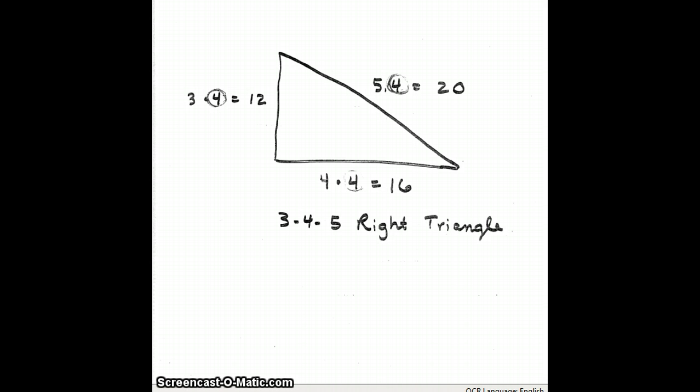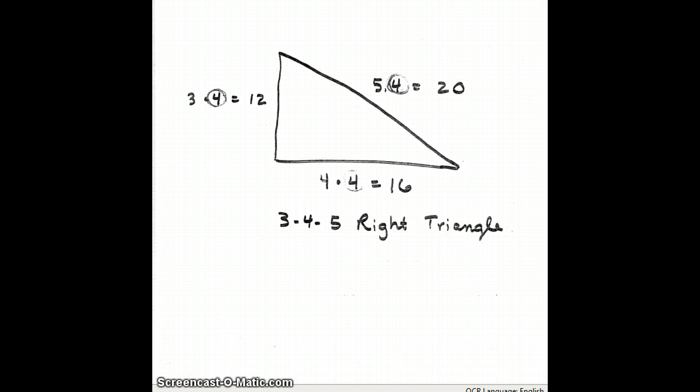If you see my drawing right here, around the outside where I have 3 times 4 and 4 times 4 and 5 times 4, our original triangle that we talked about on the first page was a 3, 4, 5 right triangle. A 3, 4, 5 right triangle in any multiple is always going to fit the Pythagorean theorem.